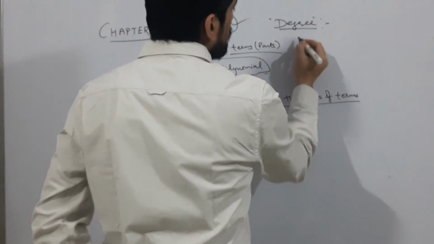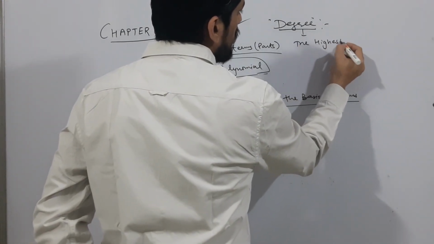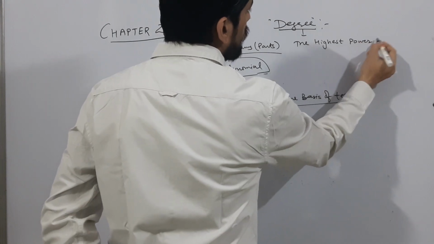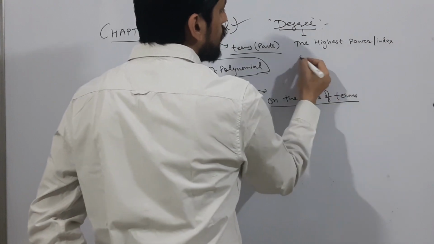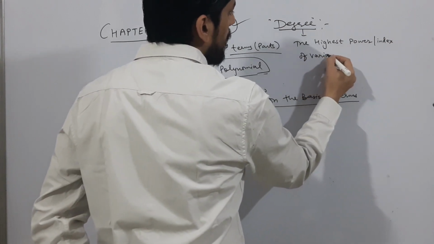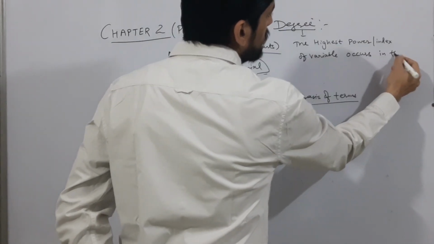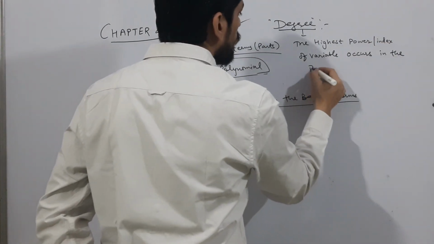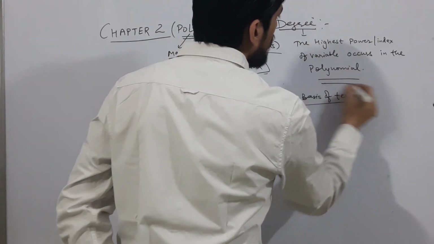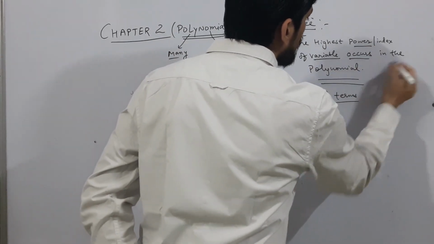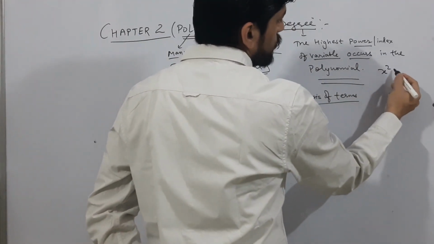Degree is simply the highest power, or you can say index, exponent, the highest power of a variable that occurs in the polynomial. So the highest power of variable that occurs in a polynomial is known as its degree. Example, x square plus 3.